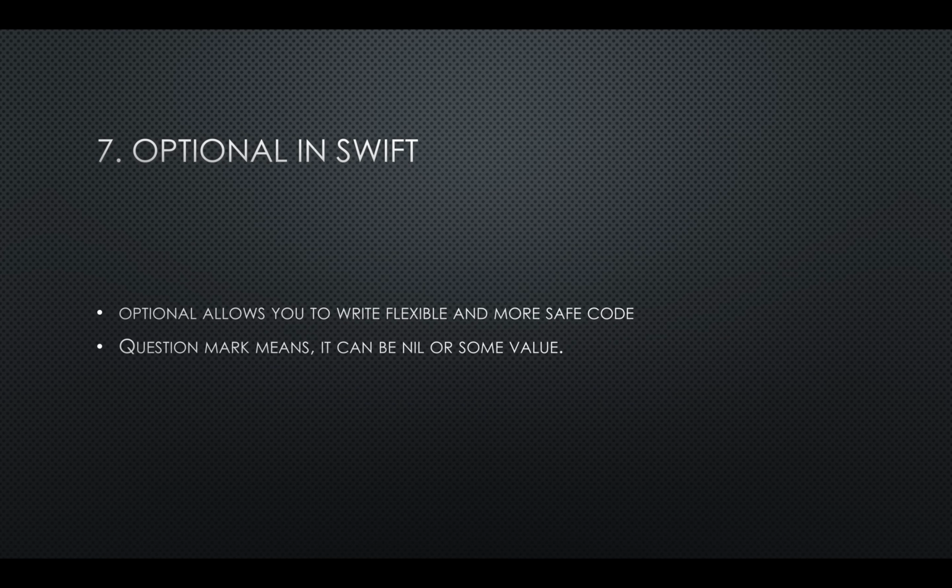Okay, next question: optionals in Swift. This is asked even if you're a junior or senior developer. It's like a starter question. Optionals allow you to write flexible and safer code. Optional means that the particular variable can either be null or have some value.